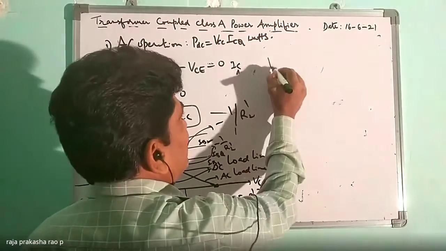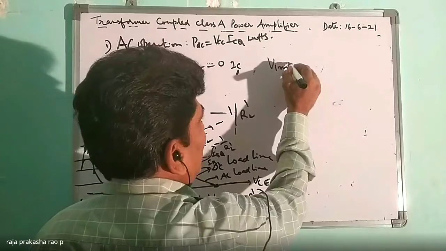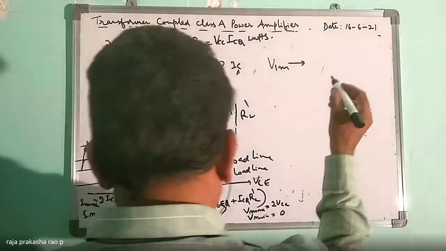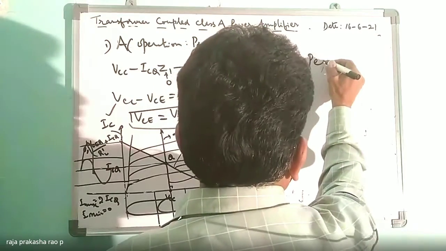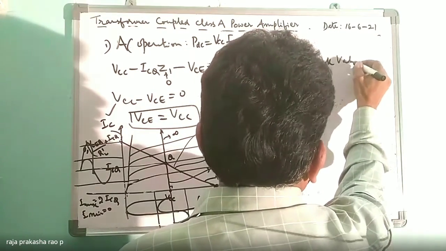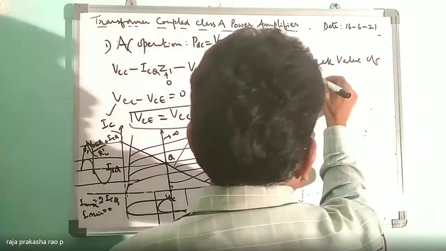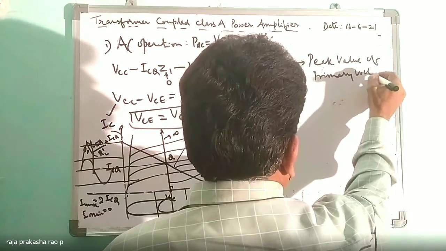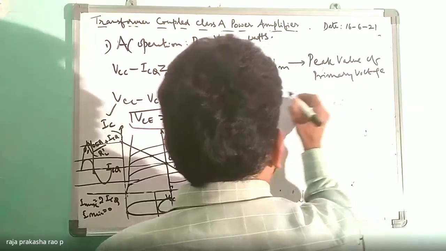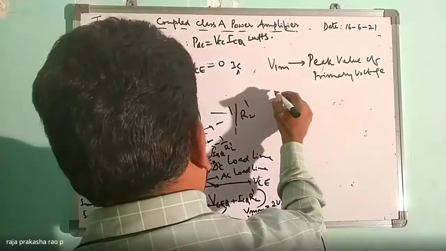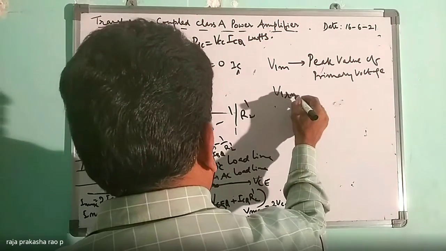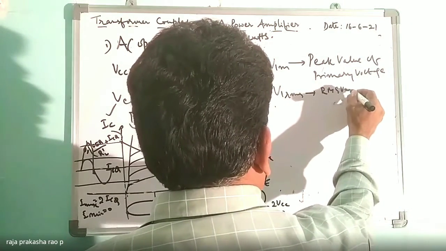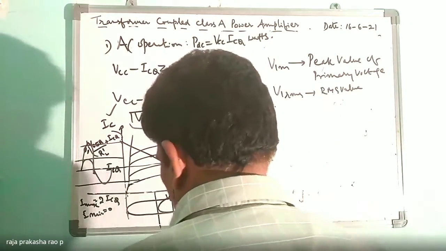So I am writing this V1M in the primary coil. V1M is the peak value of the primary voltage. And V1 RMS is the RMS value of the primary voltage.